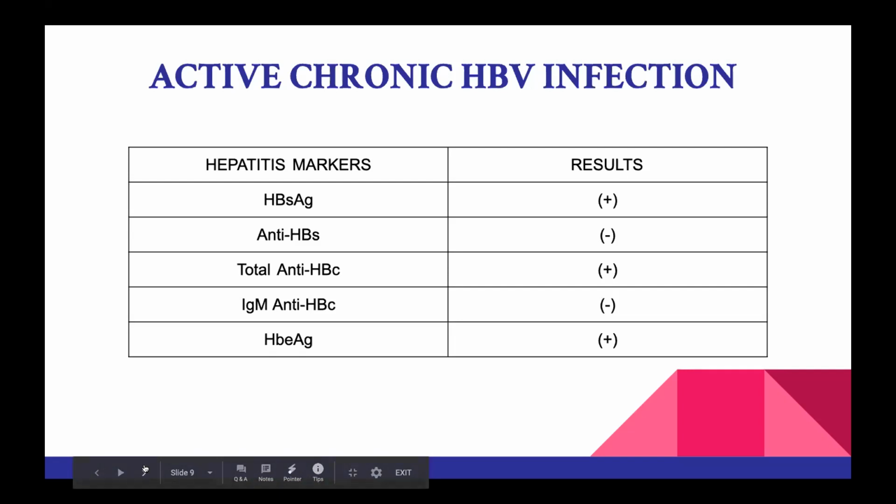And the IgM anti-HBc, which indicates acute or recent infection, is negative. Thus, we can say that this isn't a recent infection. Thus, it's chronic. And the last is the hepatitis B e antigen, which is positive, indicating active viral replication.